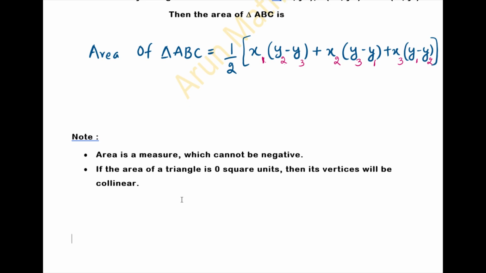If the area of triangle is 0, that means the points are what? Collinear. What do you mean by collinear? All the points lie on the same line. If the area of triangle is 0, that means the points are collinear.